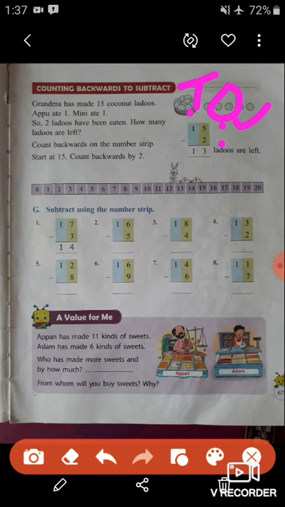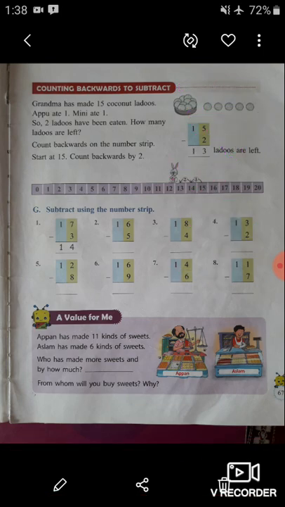Here we subtract 5 minus 2, and we get 3. Now at tens place, 1 is written and no other number is given, so you write 1 as it is. So when we subtract 2 from 15, we get 13.